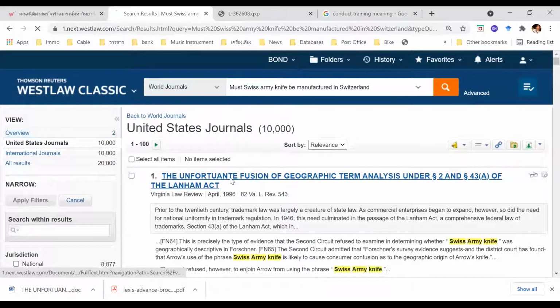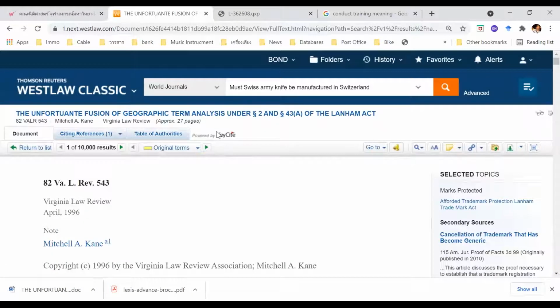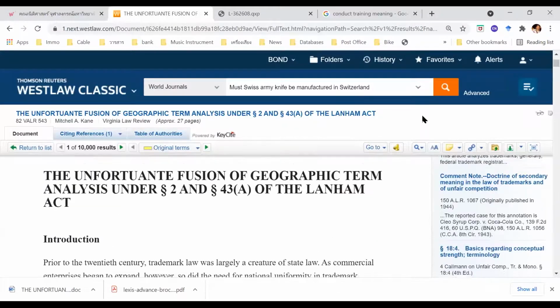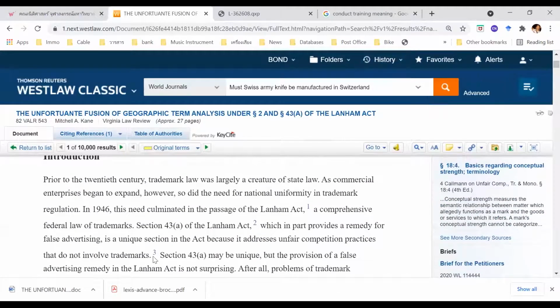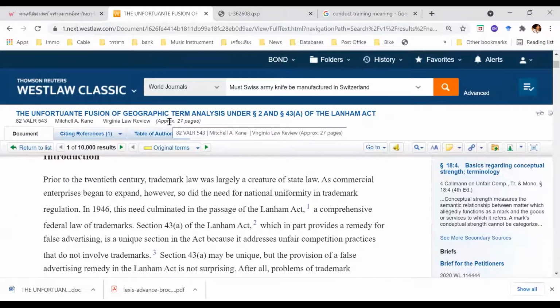Just click inside and look for footnotes that mention your topic. Look at what kind of reference type or document type it is. It may lead to the particular legal topic and to the primary sources of law, using this one or using the table of authorities.